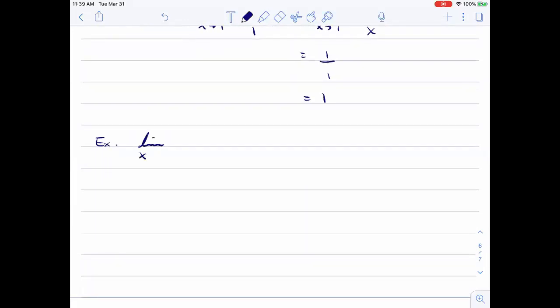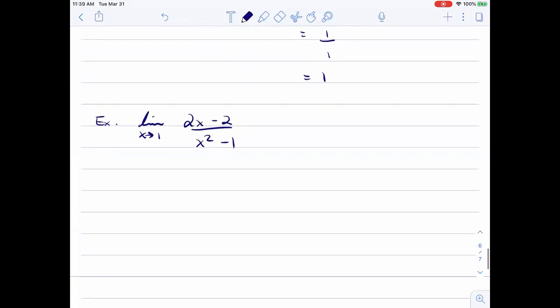If I have the limit as x approaches 1 of 2x minus 2 over x squared minus 1. So if I look at this, and I've got x approaches 1, so I've got 2 minus 2 over 1 minus 1. Is this the one we started with? I can't remember.